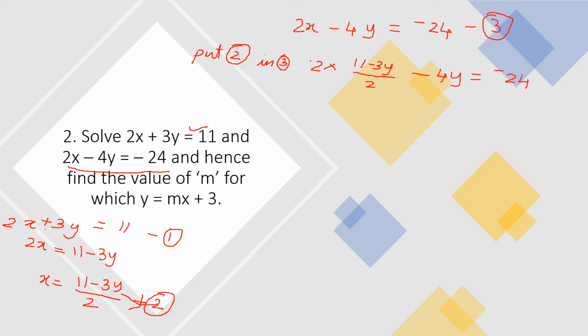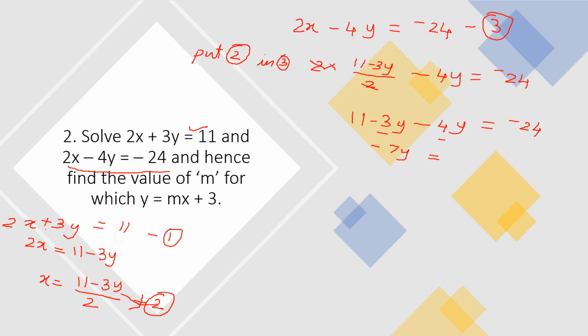So what do we get? These two get cancelled. So you have 11 minus 3y minus 4y equal to minus 24. What is minus 3y and minus 4y? That is minus 7y. When you add, you get minus 7. Minus 7y, sorry, it is minus 3y minus 4y.